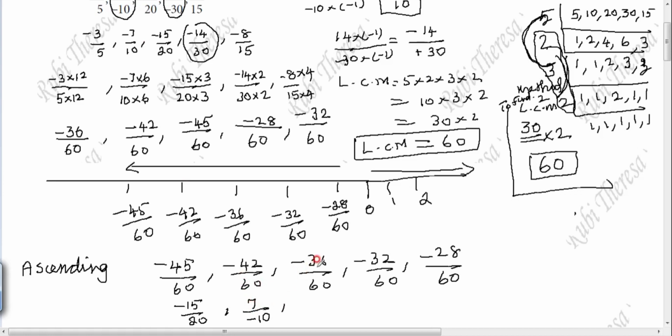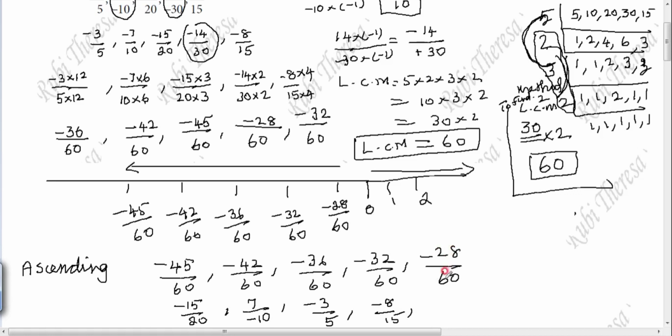Next one, minus 36 by 60. What is it? Minus 3 by 5. Minus 32 by 60, minus 8 by 15.